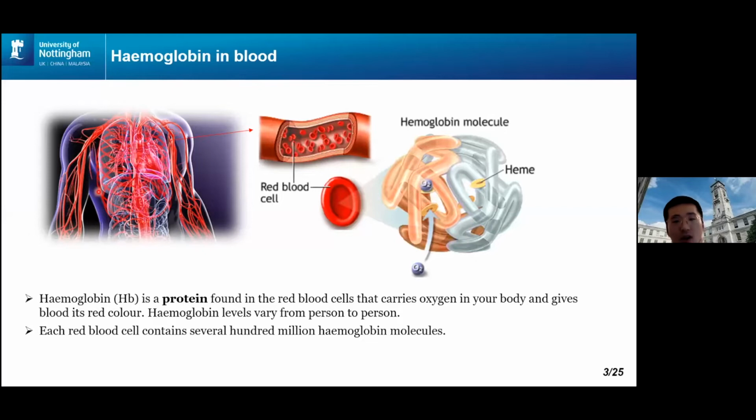It carries oxygen in your body and gives blood its red color. Each red blood cell contains several hundred million hemoglobin molecules. The right hand figure shows what the hemoglobin molecule looks like.